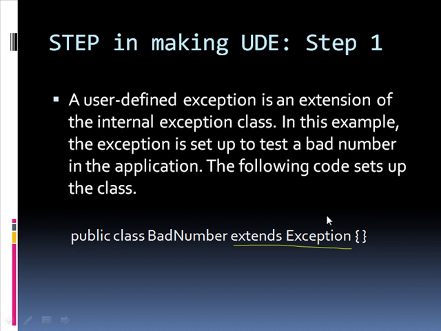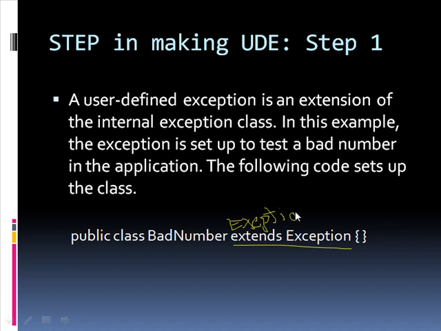So when the JVM sees this is an exception, it will allow your class to be thrown when certain errors occur. Then, let's name our class bad number. Although a good thing, I named it like this so that we can put corrections. Exception.